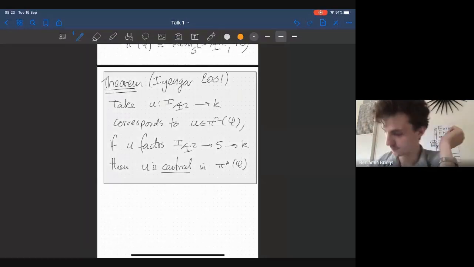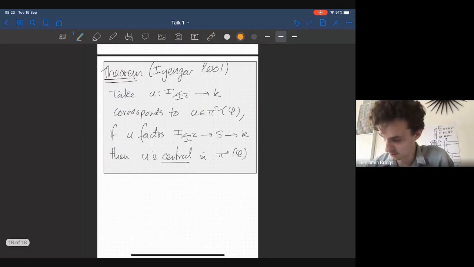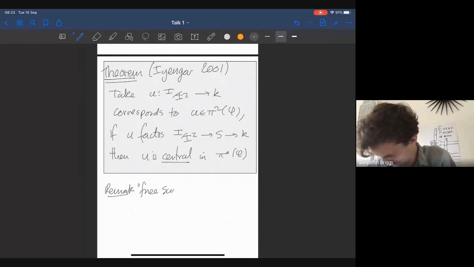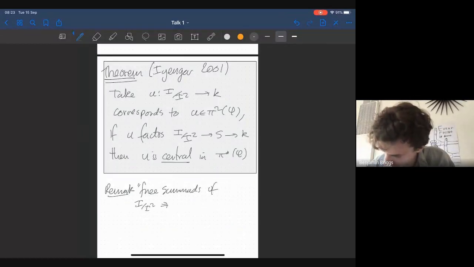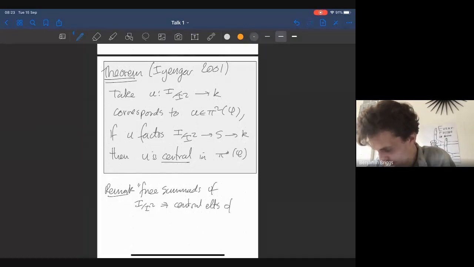Okay, so as a note, the way this was phrased was: free summands of I mod I squared imply central elements give rise to central elements of the homotopy algebra.